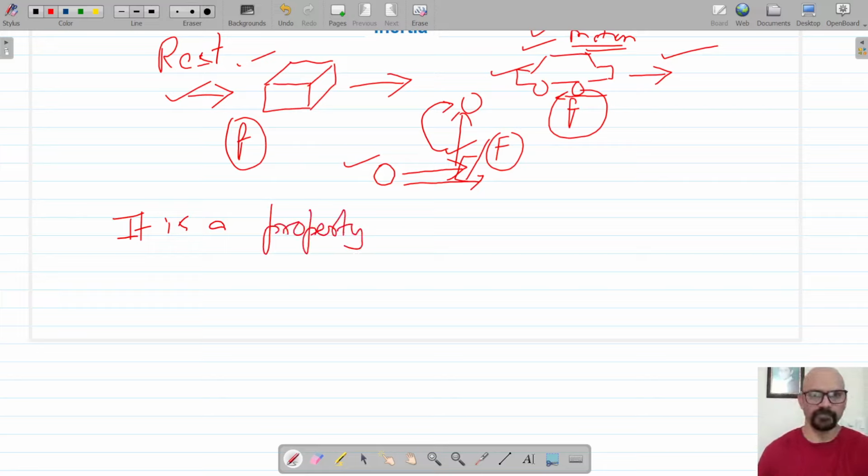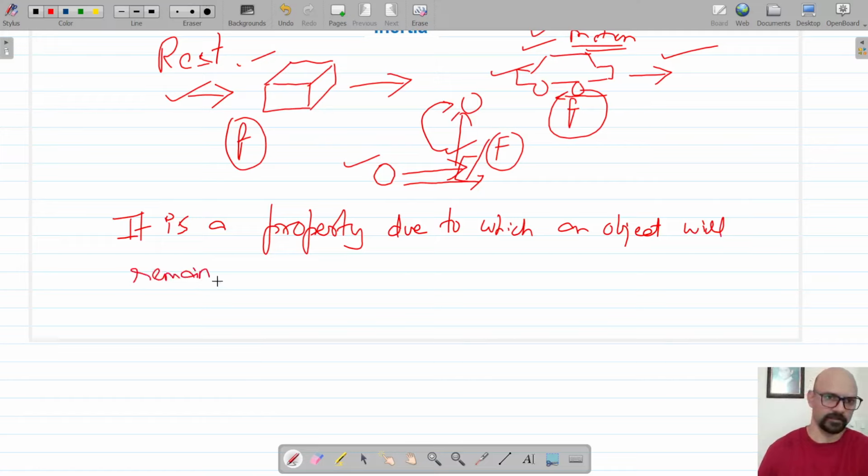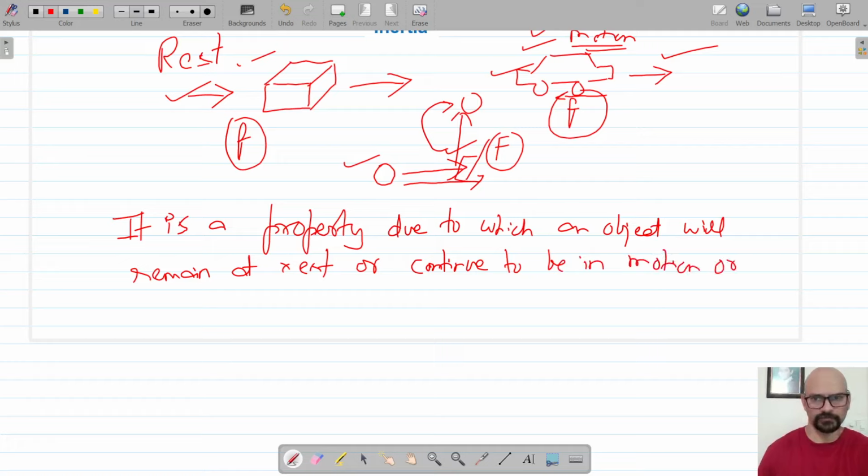It is a property due to which an object will remain at rest, or continue to be in motion, or will continue to move in the same direction.